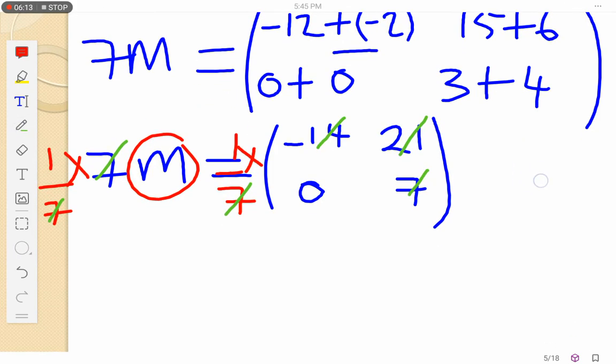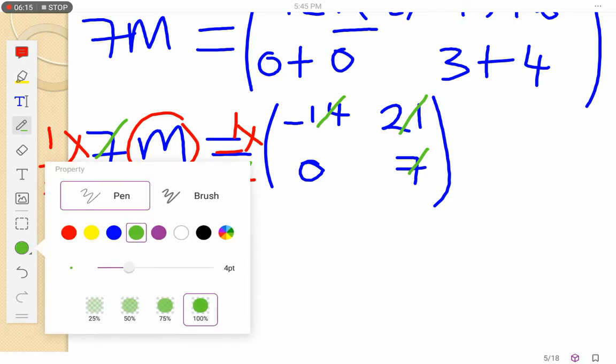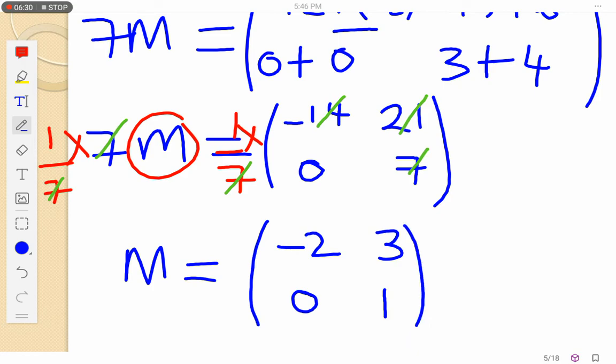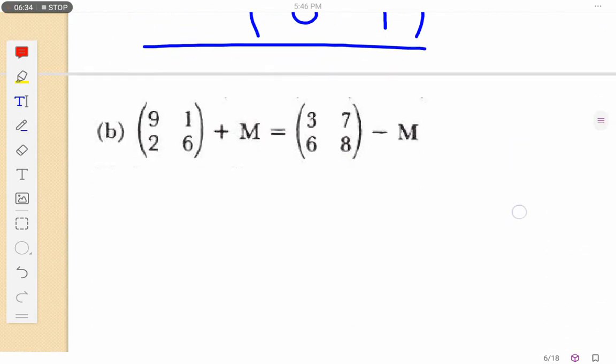Let's do that. So when we do that, on the left side, we have our m is now equal to 7 into minus 14, we get minus 2. 7 into 21, we get 3. 7 into 0, 0. 7 into 7, 1. Okay, so this becomes our M matrix. We are done. Let's look at the next question.